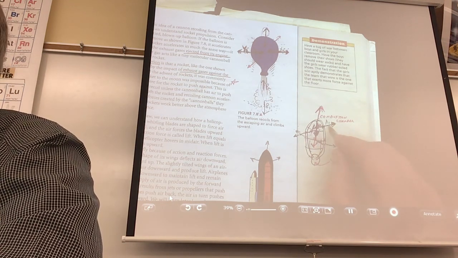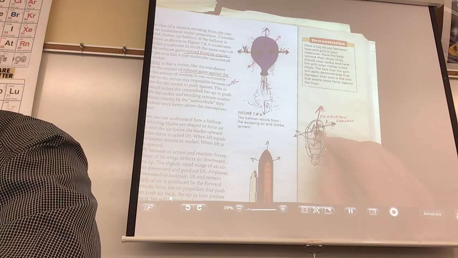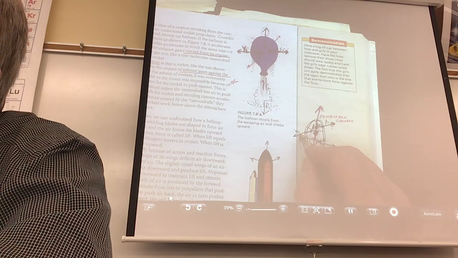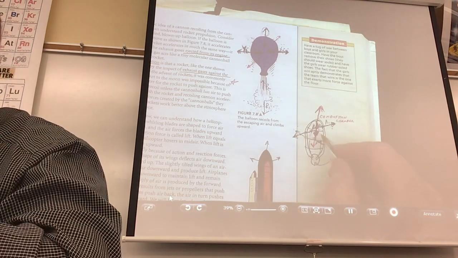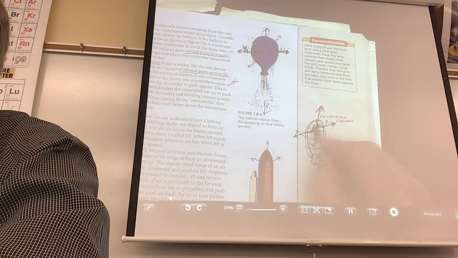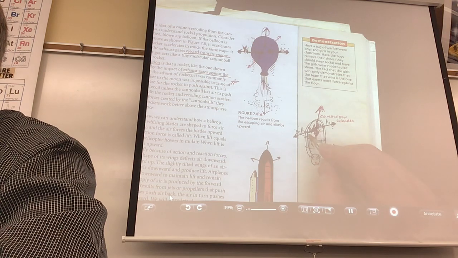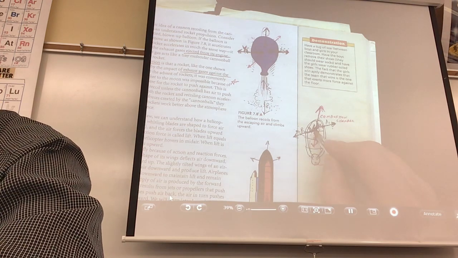Gases push combustion chamber that way. Combustion chamber pushes gases that way. Now watch over here. Combustion expanding gases push combustion chamber that way. Let's call that B1. B2. Combustion chamber pushes what? Expanding gases that way.